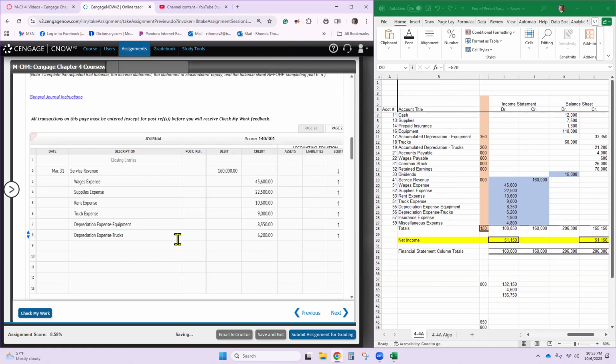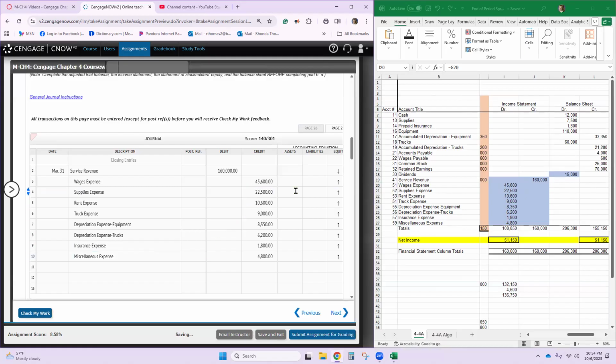See, normally you would pick a drop-down box and it would tell you, and it wouldn't let you use any account that didn't exist. So, all right, insurance expense. It's a credit of $1,800 and miscellaneous expense. It's a credit of $4,800.